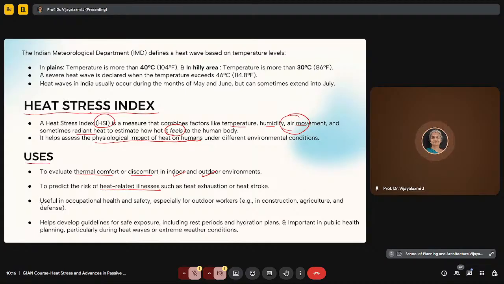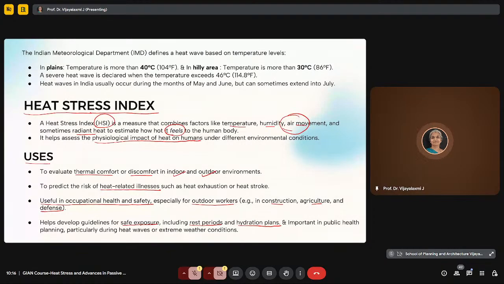This is very useful in occupational health and safety, especially for outdoor workers like construction laborers or agriculture workers, or people in the defense. Also, it helps to develop guidelines for safe exposure, including rest periods and hydration plans. What I mean by rest period and hydration plan, you will see in the case study.